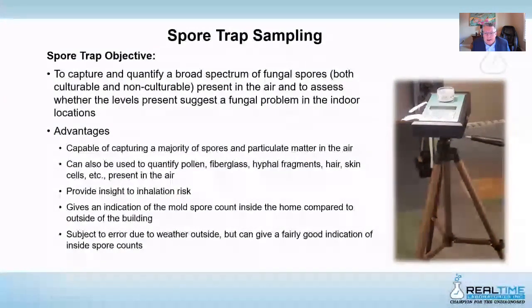And again, it's always a compare and contrast. Sometimes we'll see indoor air samples with no exterior baseline, and so it doesn't really tell you if that structure or property is elevated or not. You have to compare it to an exterior baseline. It is subject to exterior weather outside, and that's one of the downsides, and we'll talk a little bit more about that.